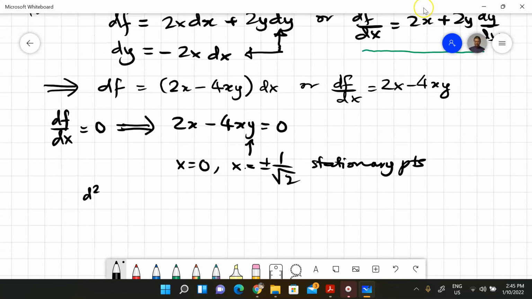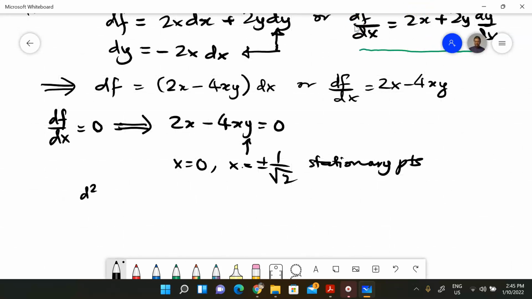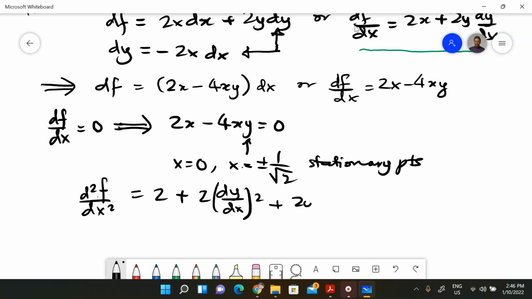So that would give you this. And then you can try to show, like before, which is maximum and which is minimum. It's d2y.